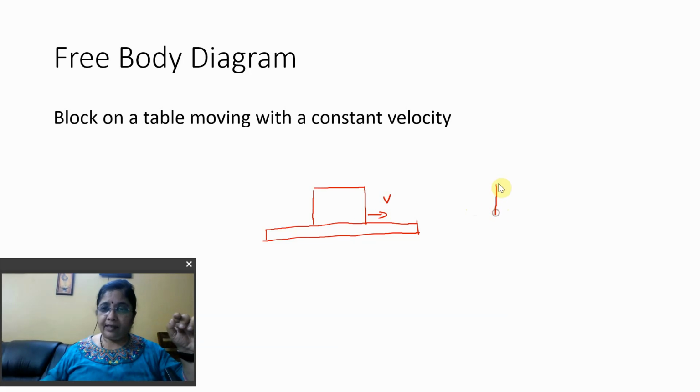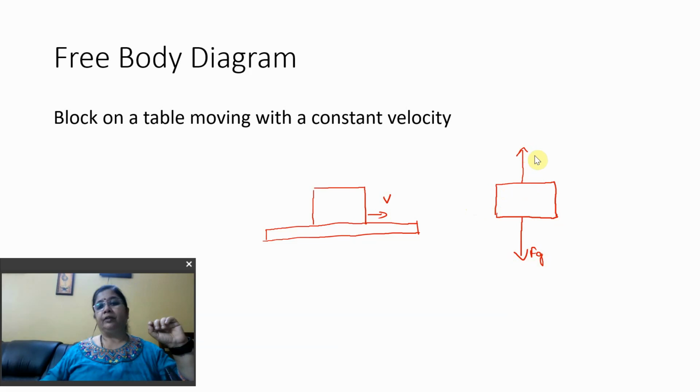Now let us isolate this block. As we have already seen, there is the force of gravity acting downwards. There is this normal force. Remember, the normal force always acts perpendicular to the surface, so it acts upwards.